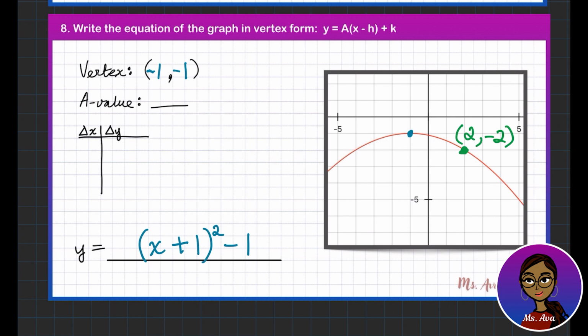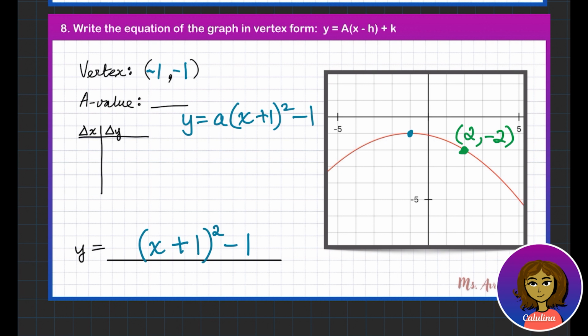Okay, and so now what do we do? So now you're going to write the equation, but you're going to leave the a in the equation. Yes, so I'll write y equals, and I leave the a, it's going to be parentheses, x plus 1 squared minus 1. Okay, and what's next?